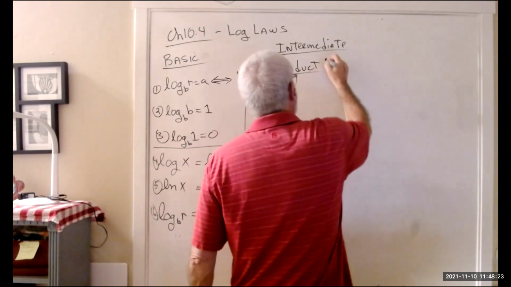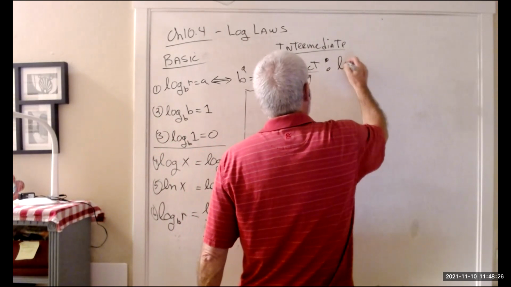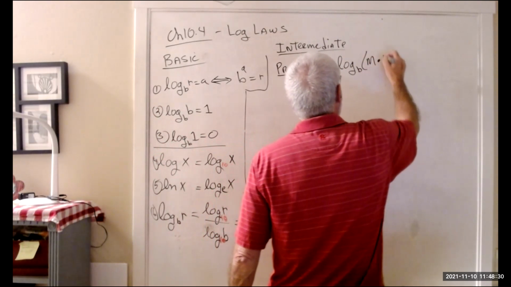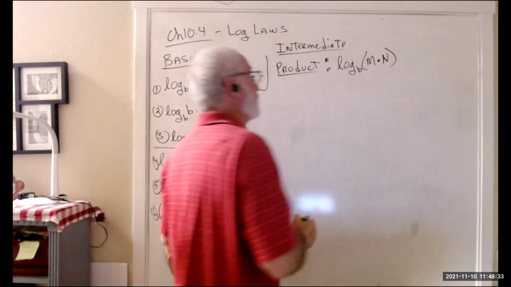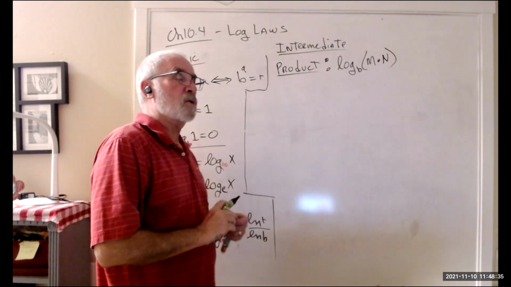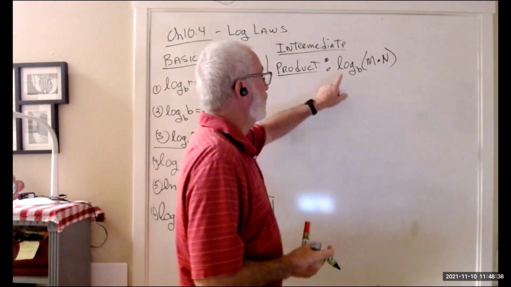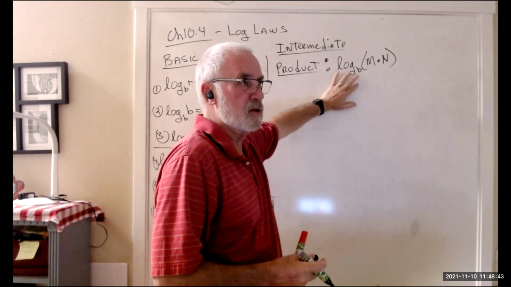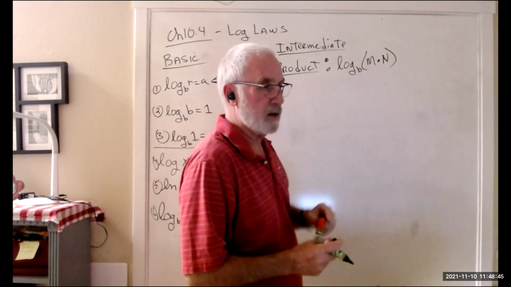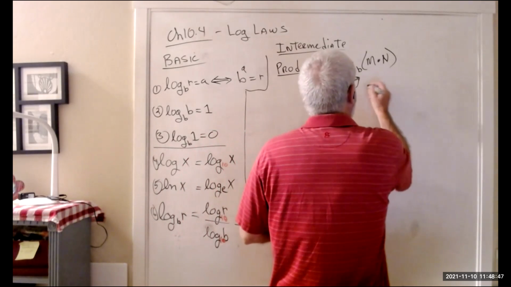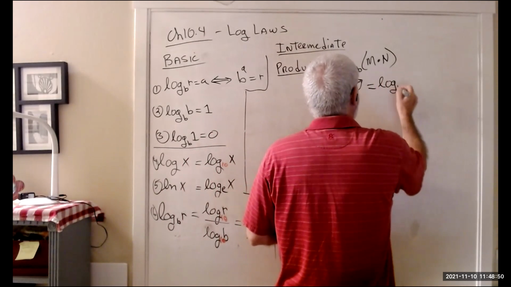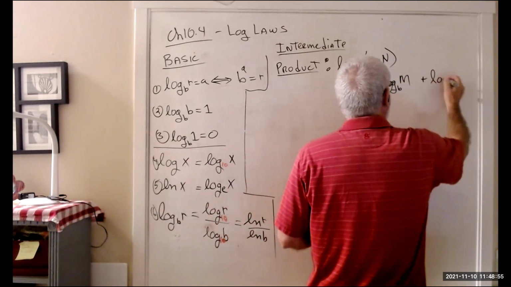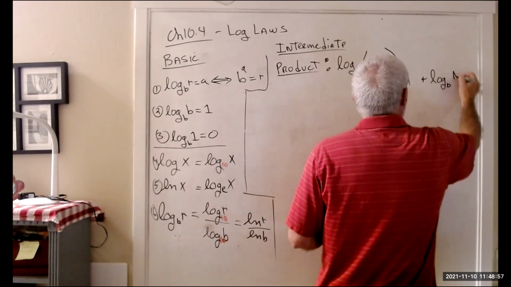If you have the log base b of m times n, look at what this says. If you have the log, and everything has to be the same base, of two things multiplying, you can split that into the log of the first thing added with the log of the second thing.